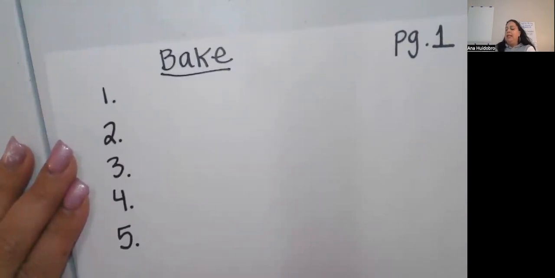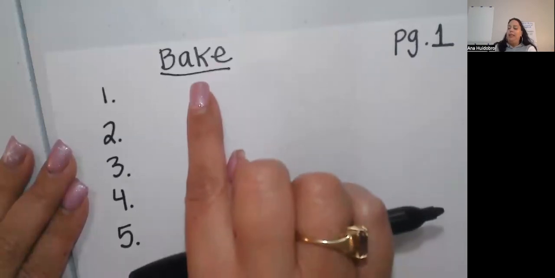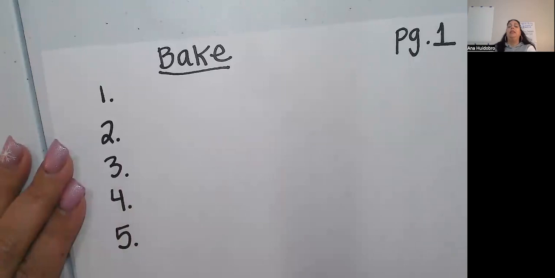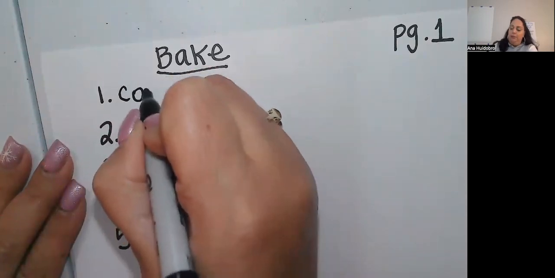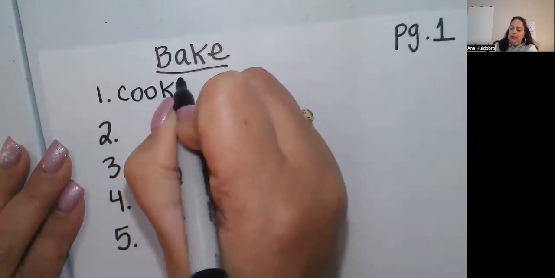Perfect. Now I'm going to ask you to pause and think of some things that you bake. When you bake, you're making food in the oven. It's different from cooking. Sometimes you cook food in an oven or a stove, but what is it that you can bake? So for example, in our sentence, we know that you can bake cookies.